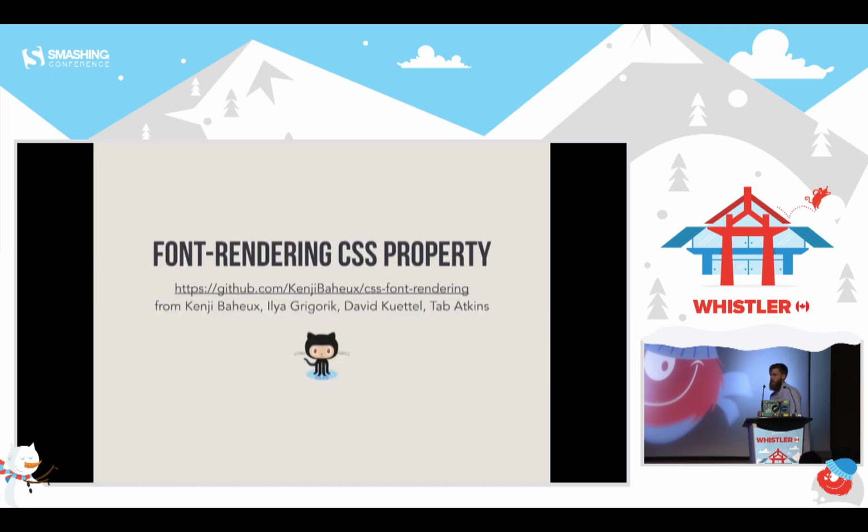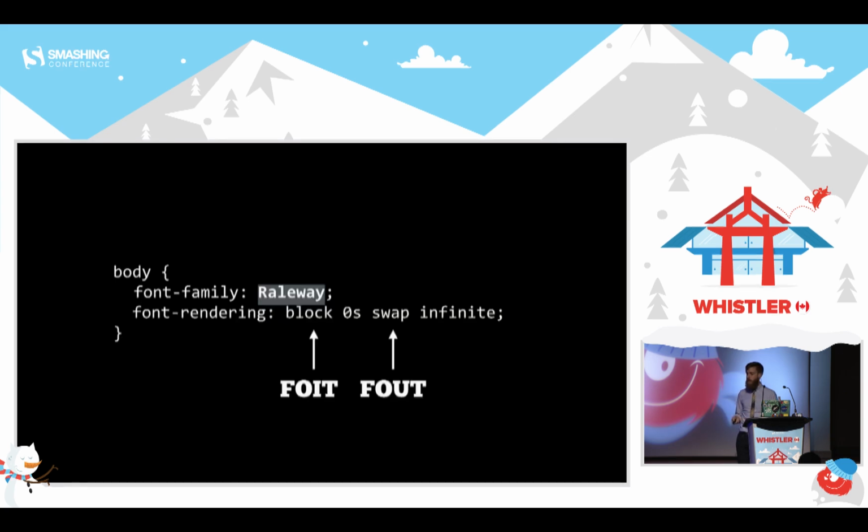So that was a JavaScript API that we went over, the CSS font loading API. There's a new CSS property that's an active specification. I don't know, they're working on it actively right now. A bunch of people from Google are doing this. And if we can get this, it will work a lot better because the rules that we want for our flash of unstyled text and flash of invisible text, we can put right in our font face block.